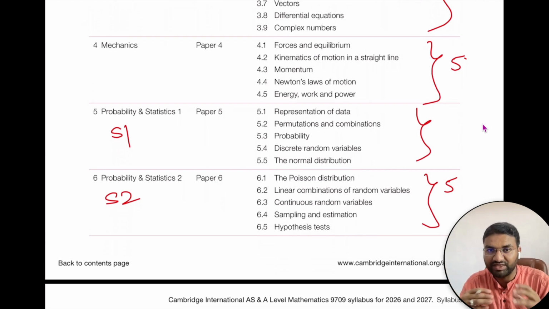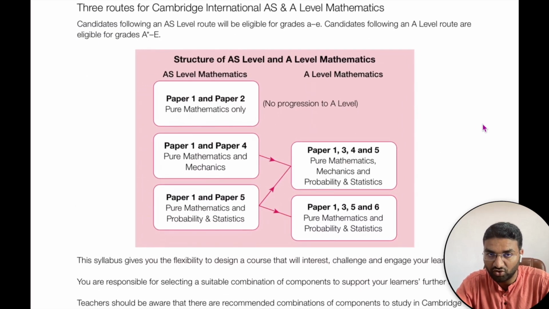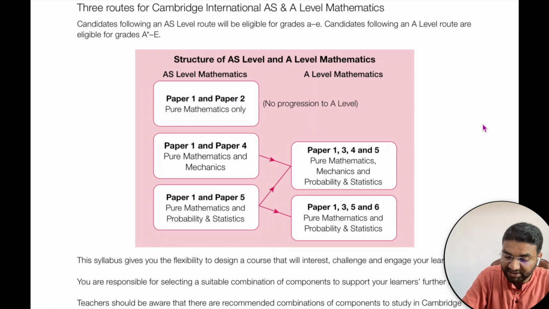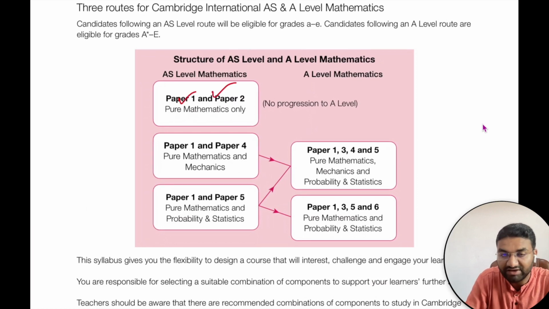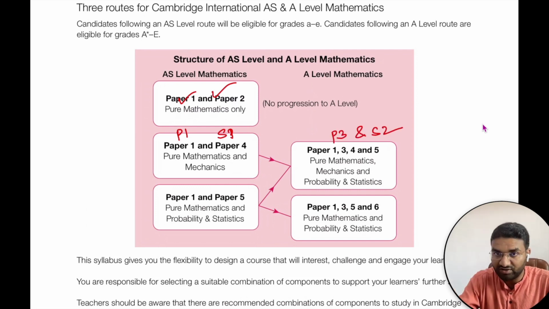We will discuss in depth the paper structure, how you can complete this course and how you can give the paper. For AS level you have Paper 1 and Paper 2 only. Then Paper 1 and Paper 4, that is P1 and S1, you can give at AS level, and the remaining P3 and S2 you can opt for at A level.